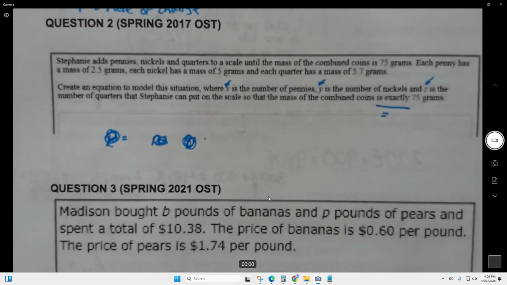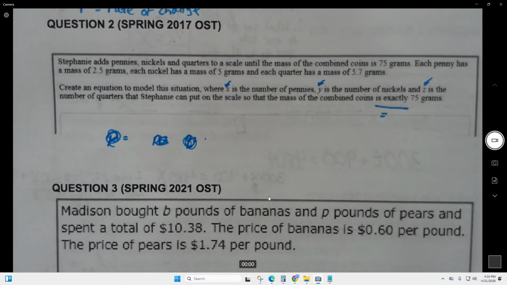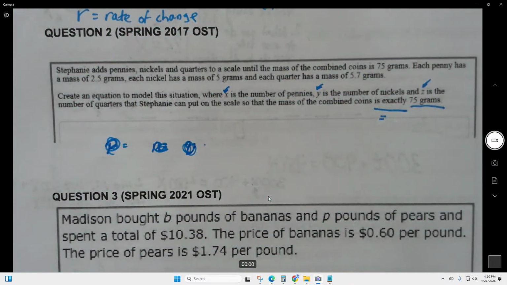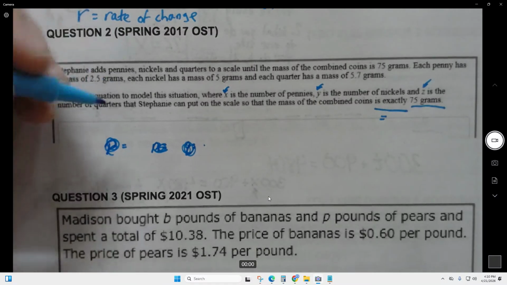Okay? So because our total is exactly 75 grams, we know that we're working with the weights. The fact that they're pennies and nickels and quarters doesn't matter. All that matters is how much they weigh.